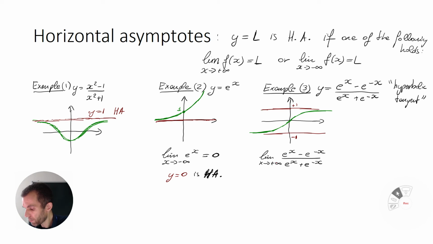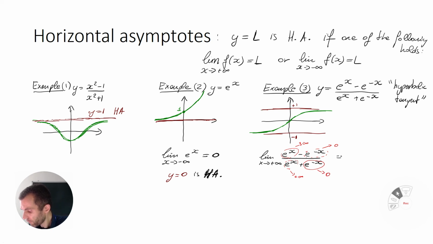As x becomes larger and larger, e to the power x is going to go to plus infinity. e to the minus x is going to go to 0. And then here, e to the x again is going to go to plus infinity, and this e to the minus x is going to go to 0.